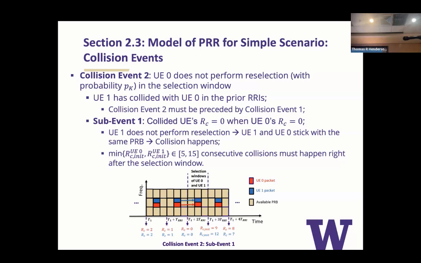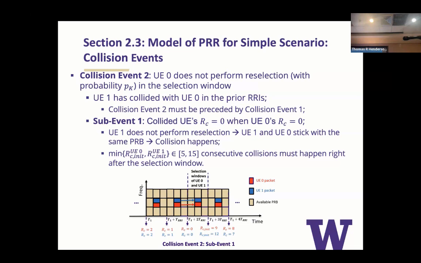For sub event 1, UE0's RC decrements to 0, and the other collided UE's RC also decrements to 0 at T1 plus 2 TRI. Then UE1 doesn't perform reselection in the overlapping selection window, and both UEs will stick with the same PRB.